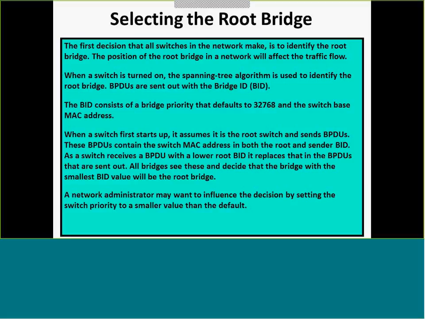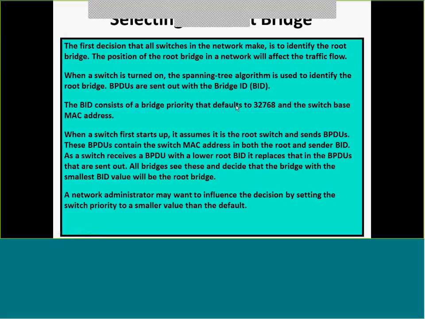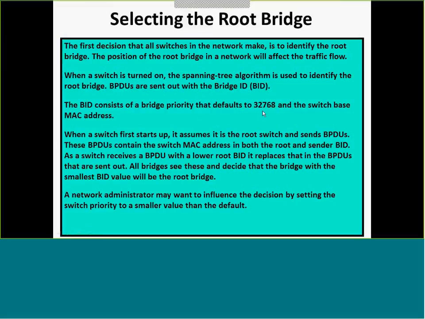So here we are discussing selecting a root bridge. There is a clear definition of how the root bridge is selected. I already explained the default priority of spanning tree is 32768, and a switch's MAC address. If it is per-VLAN spanning tree, it will add the VLAN value to 32768.